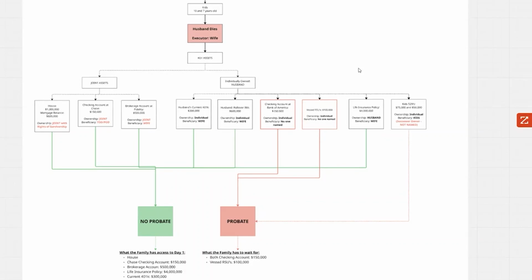A lot of times people create these accounts, like I was talking about before, and sometimes they're in a rush. They don't think about it. They don't have all the information for whatever reason, and they forget to update it, or they named a brother or a sister because they opened their life insurance policy 10 years ago and then they got married and had a kid and didn't change the beneficiary, or whatever the case may be.